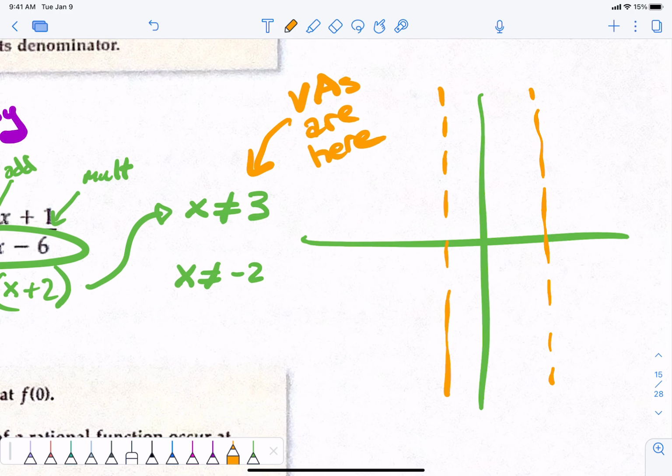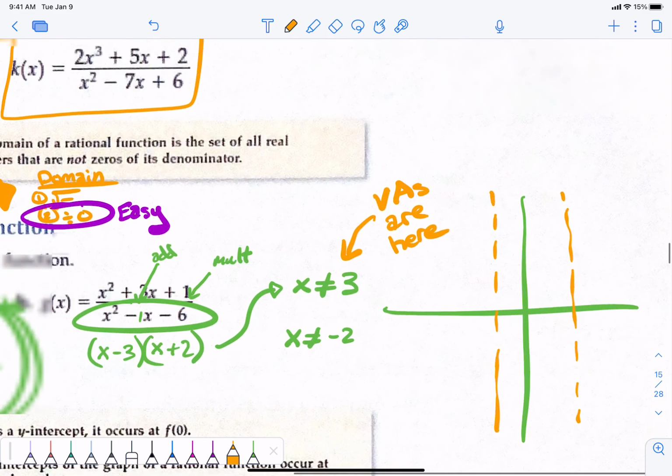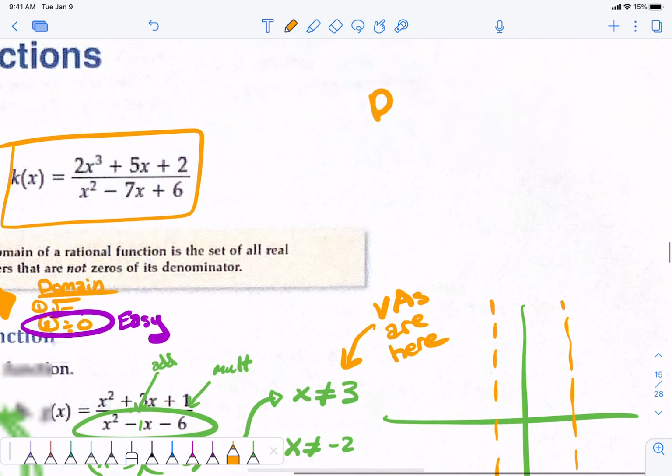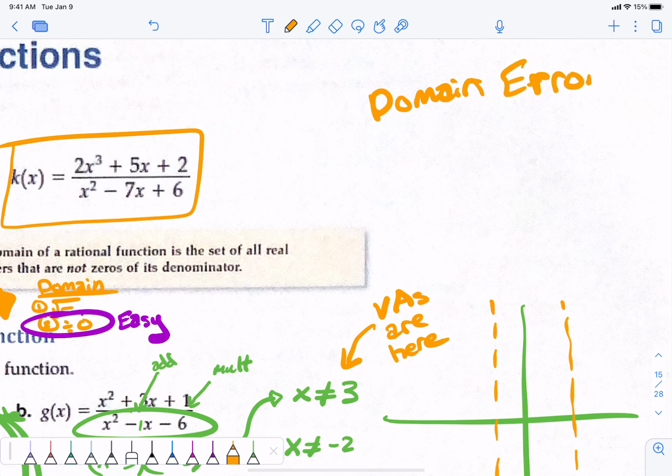So where your domain errors happen, your vertical asymptotes happen. Domain errors equal vertical asymptotes.